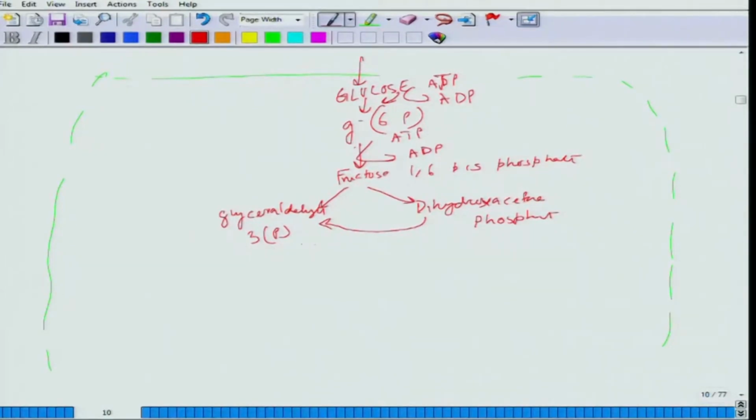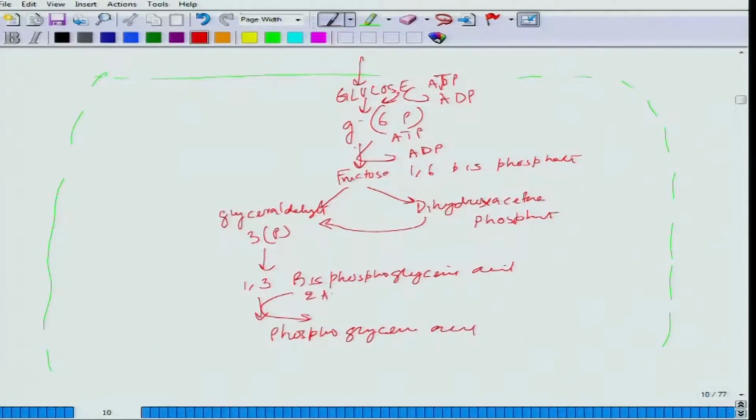and from here glyceraldehyde 3-phosphate forms 1,3-bisphosphoglyceric acid. And at this stage, from 1,3-bisphosphoglyceric acid to phosphoglyceric acid, 2 ADP molecules are transformed into 2 ATP molecules.